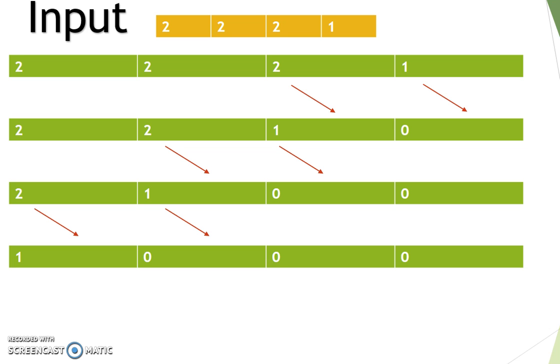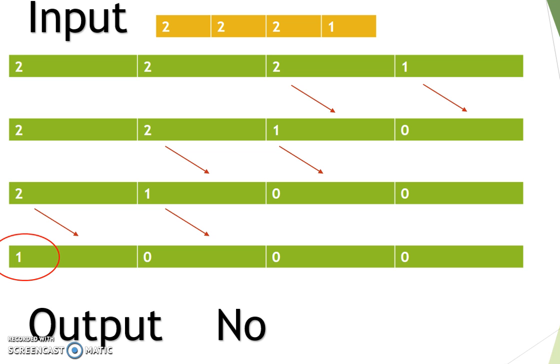If you decrement anything else, the array will become non-zero, because indices 2, 3, 4 are all 0. Hence we are left with no option and there is no way to make the whole array 0. So the things are stuck here and we will print that the output is no.